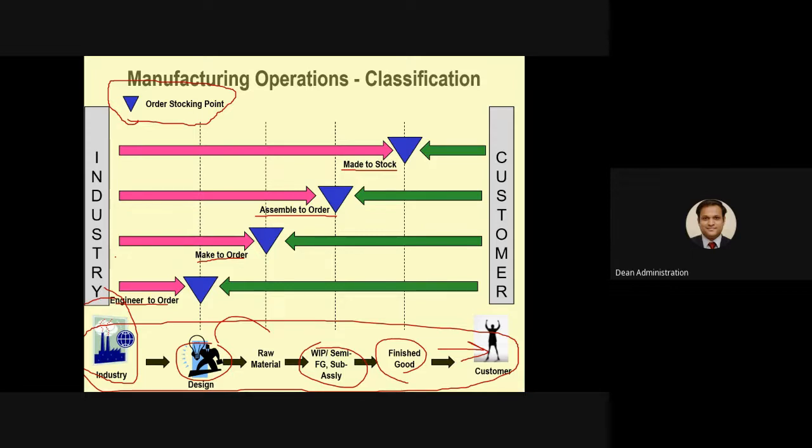The typical characteristic of made to stock is that you buy what you see. Suppose there is, let's say, some kind of hair oil. Okay, so can you go and say, hey, can you just change the flavor, the scent of this hair oil? So the store person says, hey, that's not possible, this is just a packed product.